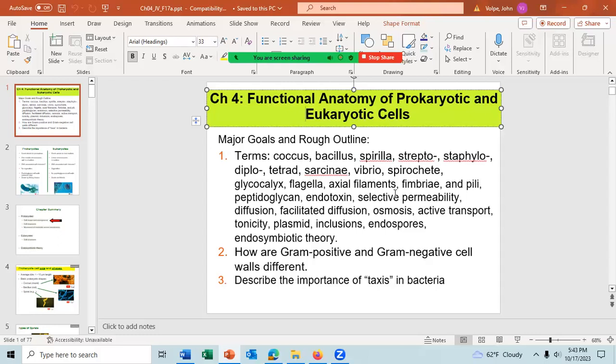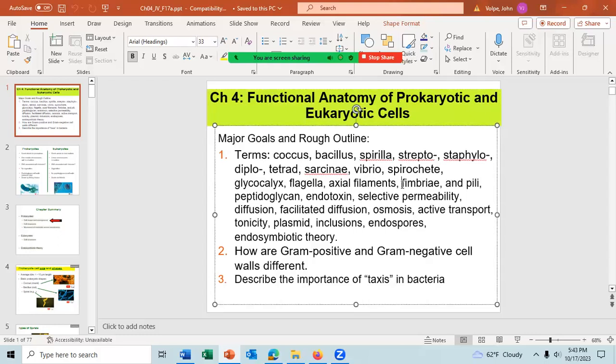Fimbriae. I thought that was fimbriae. I'll have to look that up. And what are pili? What's peptidoglycan, endotoxin, and selective toxicity, selective permeability, sorry.